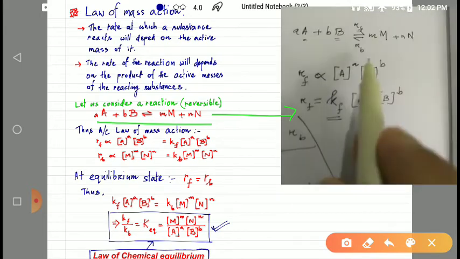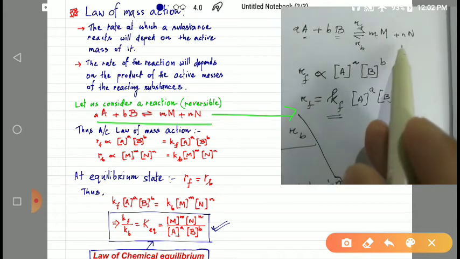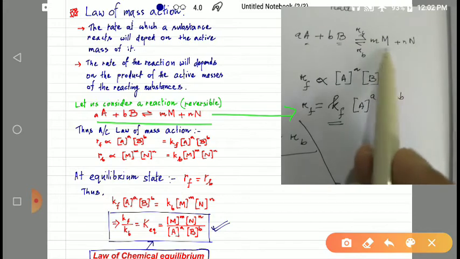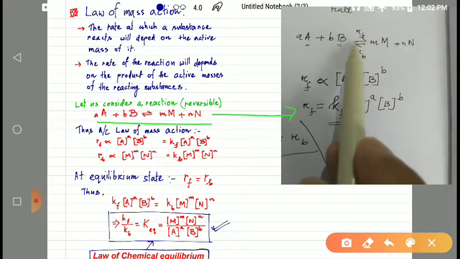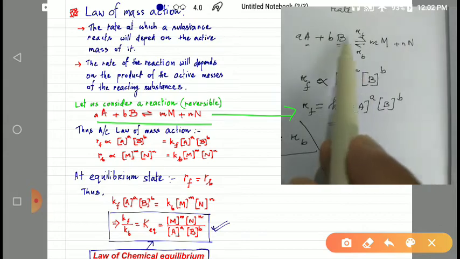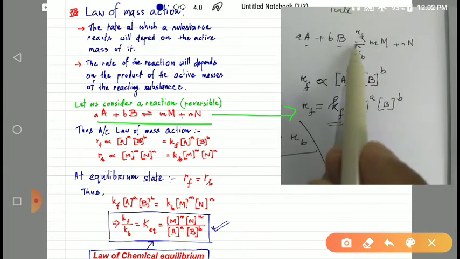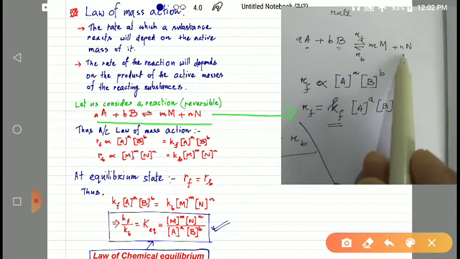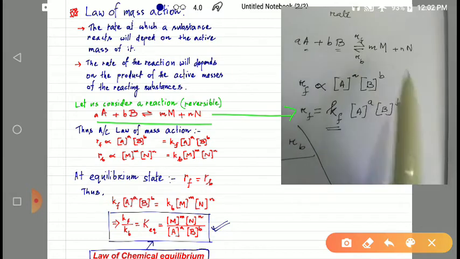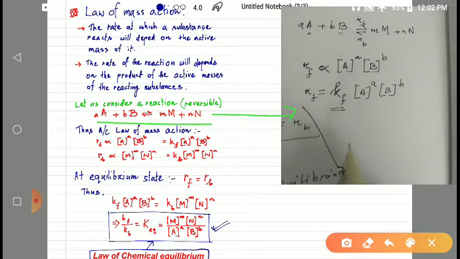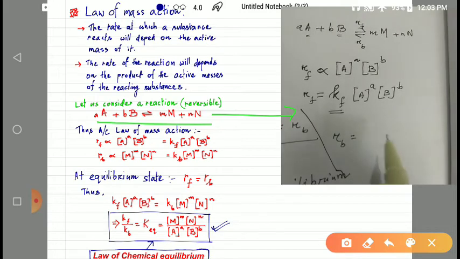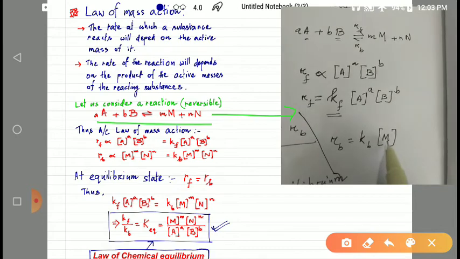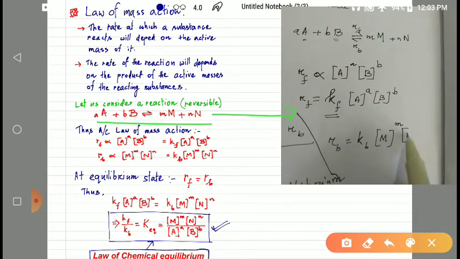Similarly, we can write for the backward reaction rate. For the backward reaction, these products act as reactants. For the forward reaction, these are reactants and these are products, and for the backward reaction, these two act as reactants and these are your products. So your backward rate is equal to, similarly, a constant of proportionality Kb times [M] to the power m and [N] to the power n.